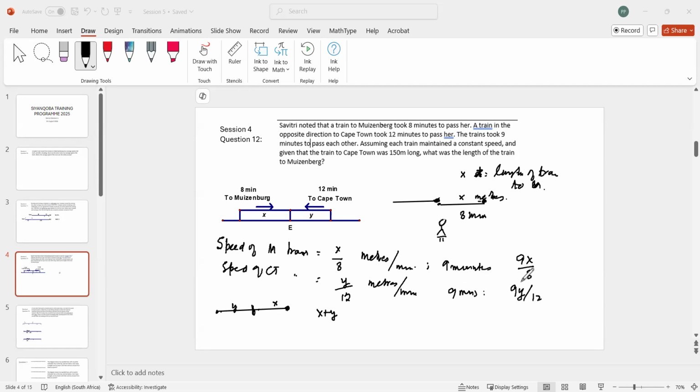So the total distance traveled, after 9 minutes, this has traveled 9x over 8, and this would have traveled 9y over 12. The sum of these two is the distance between these two, so it's 9x over 8 plus 9y over 12.